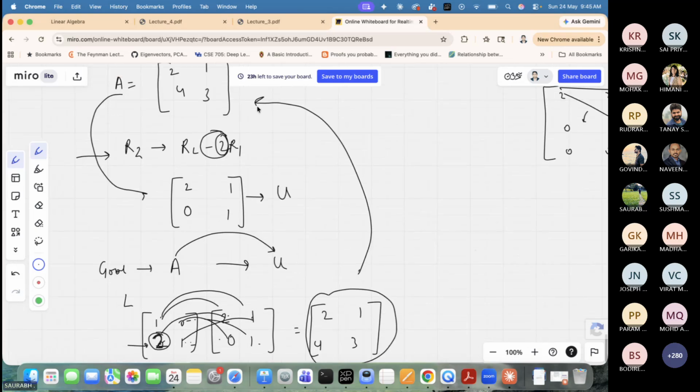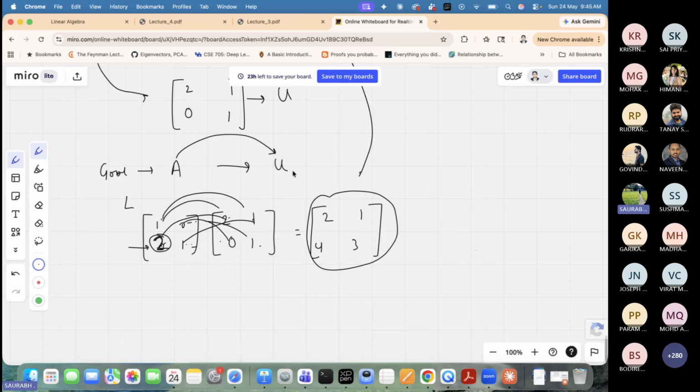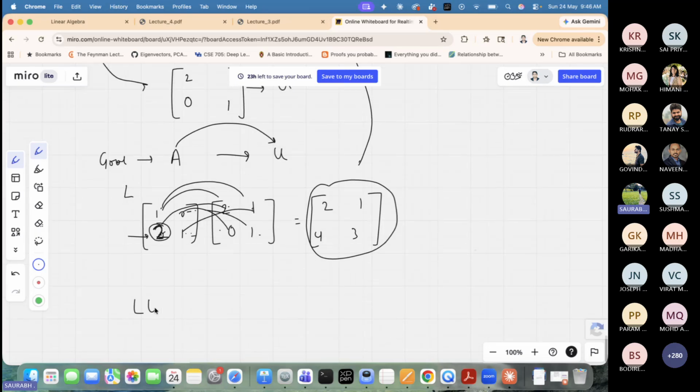So basically, think of what we are doing. LU decomposition is a compressed way of doing Gaussian elimination.